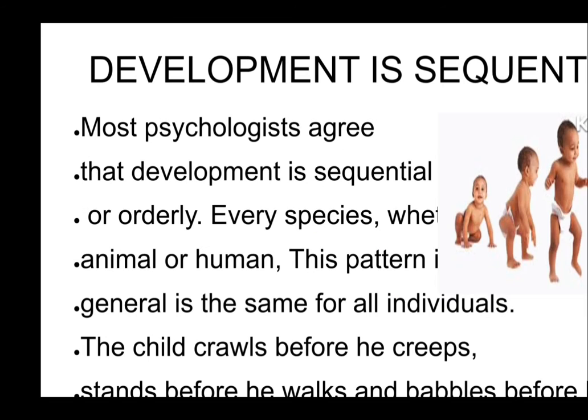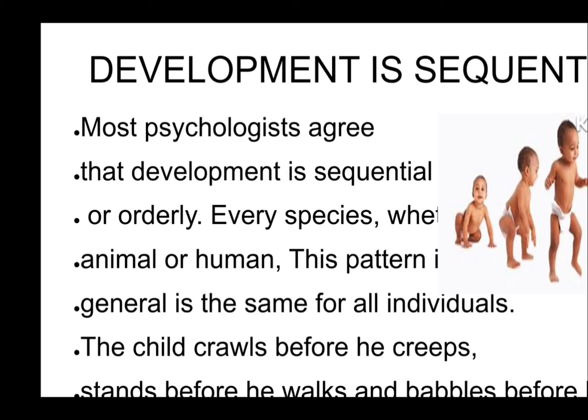Next is development is sequential. Most psychologists agree that development is sequential or orderly. For every species, whether animal or human, this pattern in general is the same for all individuals. The child crawls before he creeps, stands before he walks, and babbles before he talks.